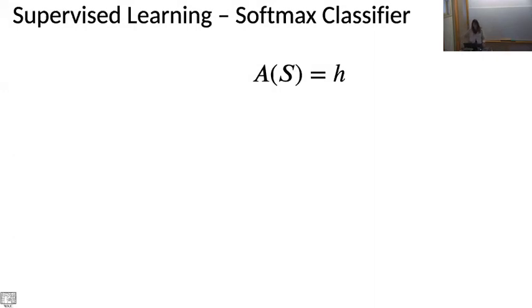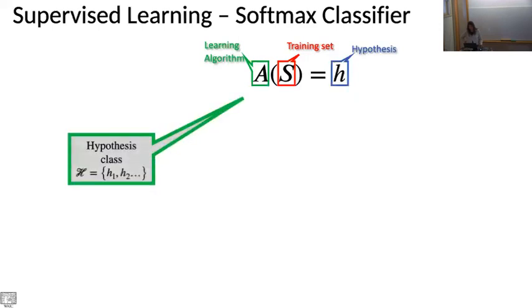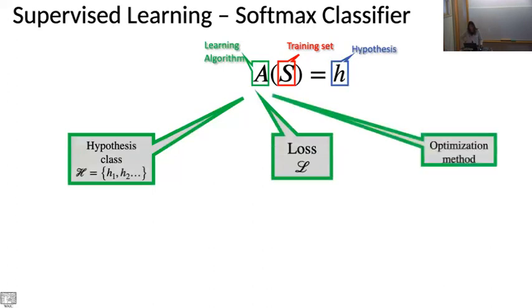Okay, so let's go back to the building blocks of supervised learning, and let's see how the softmax classifier fits into those blocks. Again, we have the training data, the learning algorithm, and some hypothesis, which is the result of the optimization process. And we need to define the hypothesis class, the loss, and the optimization method.